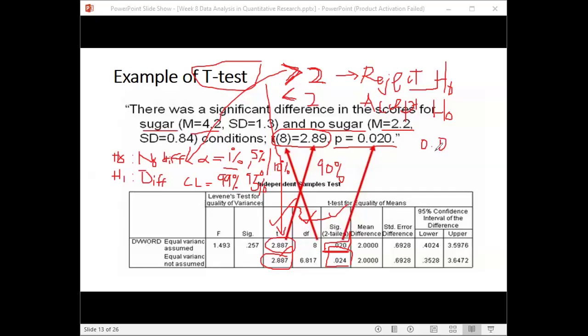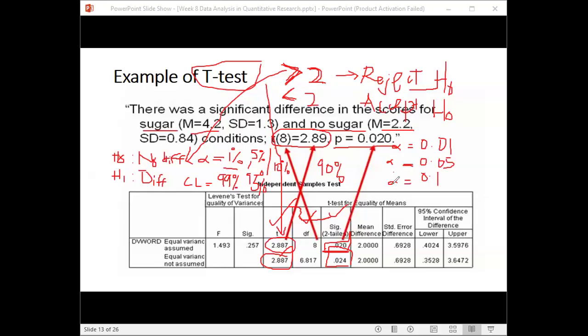What about 10%? 0.1. So this is our level of significance. Alpha can be 0.01, alpha can be 0.05, and alpha can be 0.1, which is 10%.